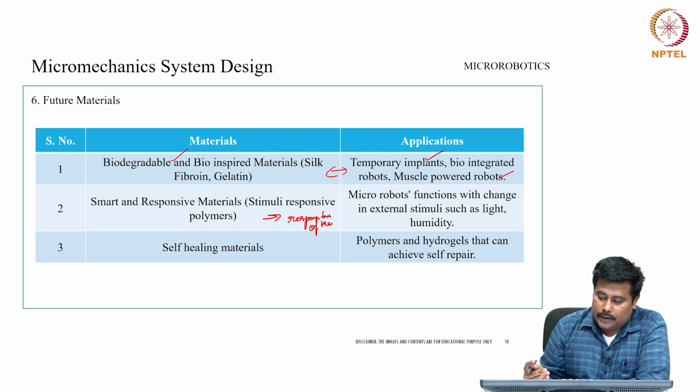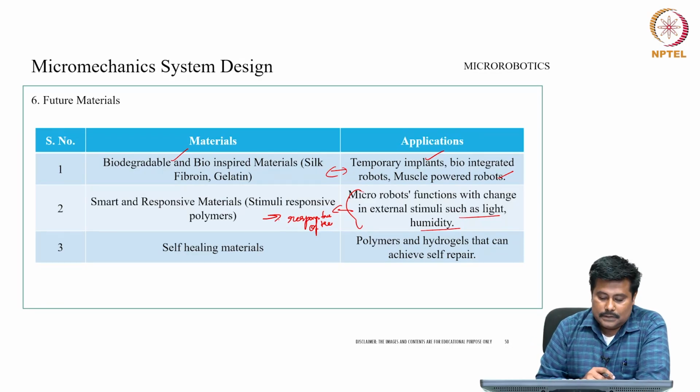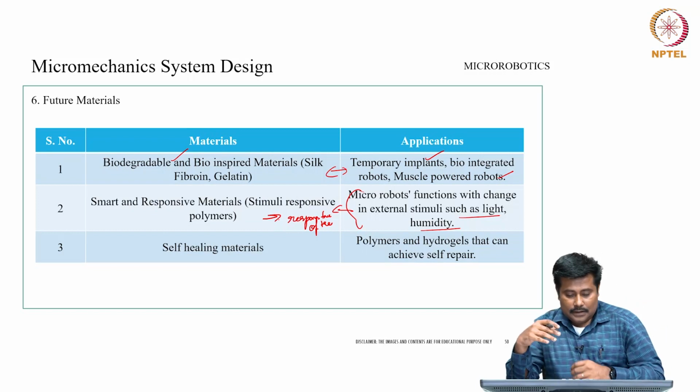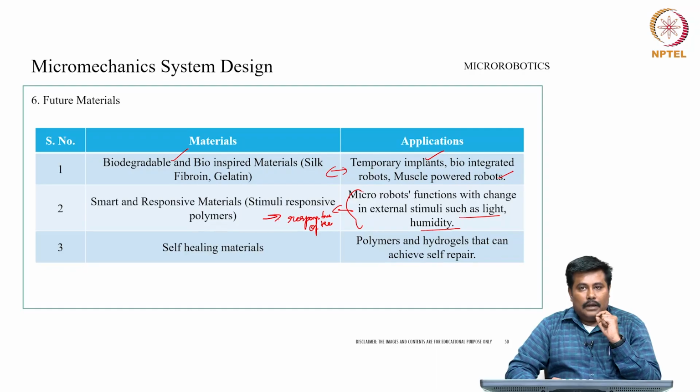These micro robots function with changes in external stimuli such as light and humidity, which can be appropriately used for establishing such smart and responsive materials. There are wide varieties of materials which have this capability towards stimuli response polymers.